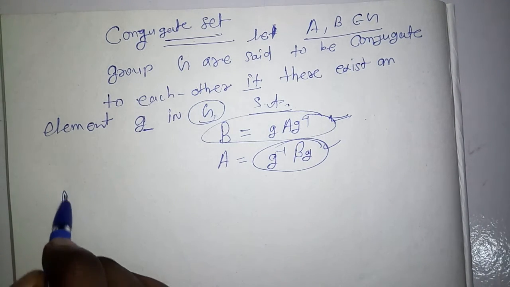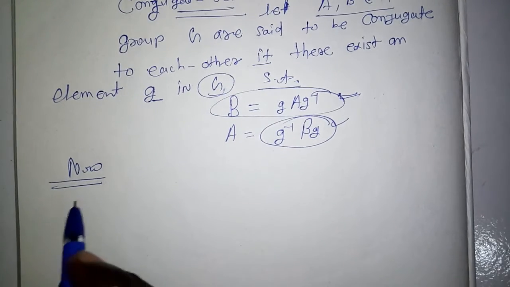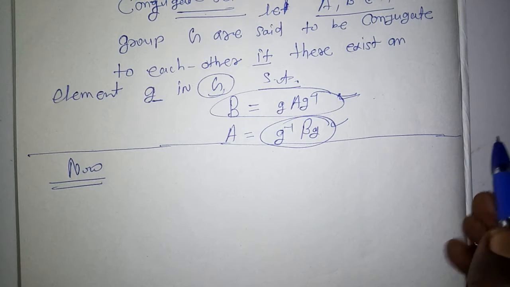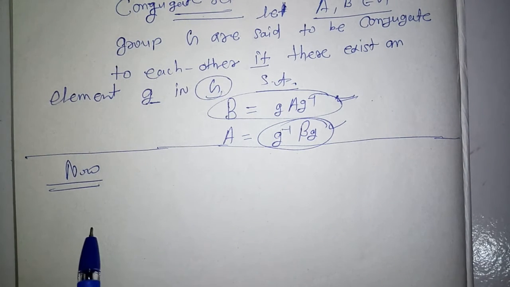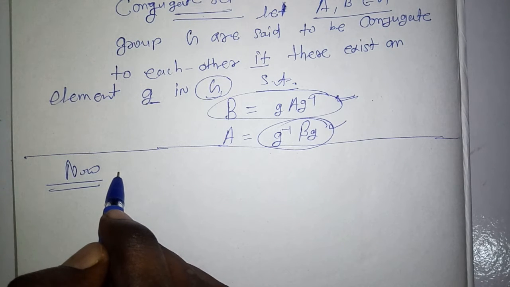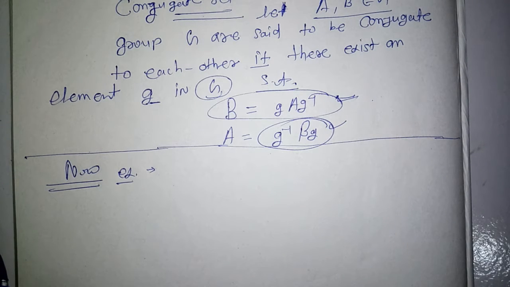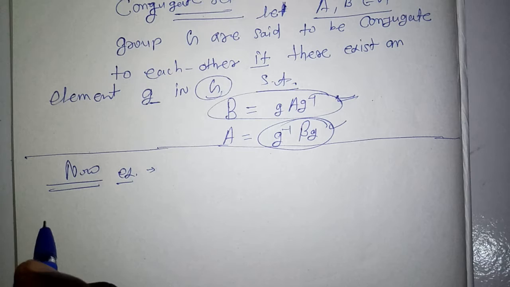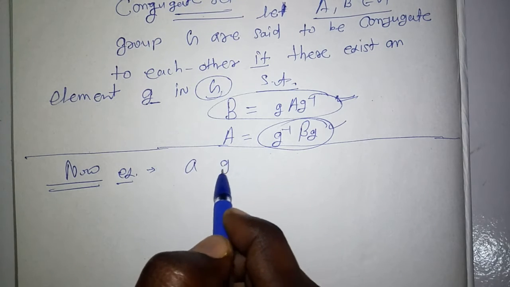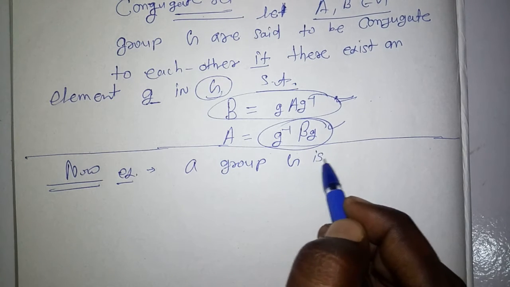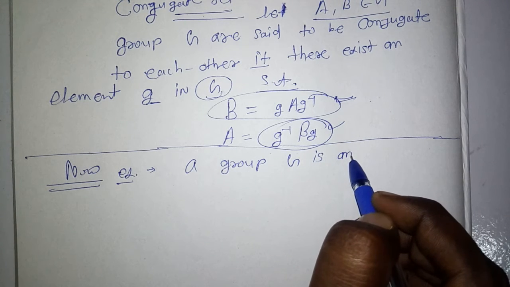Now according to this property, conjugate set and conjugate relation, we can prove a theorem. Okay students, now we take one question, an example. The example is: in a group G, conjugation is an equivalence relation.